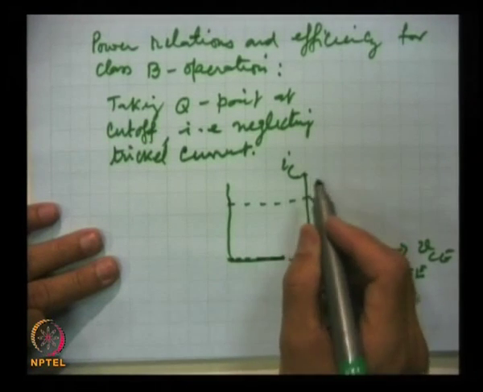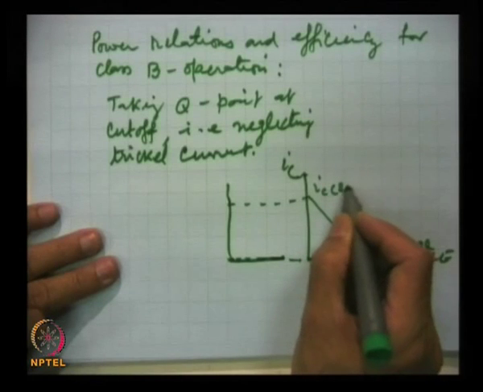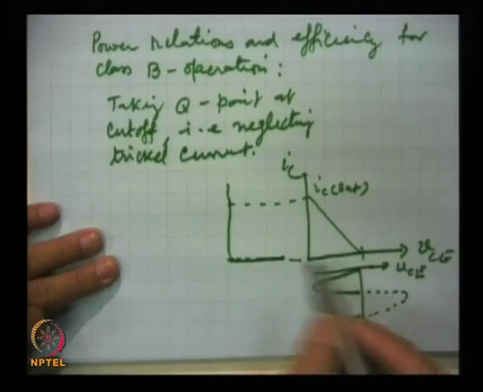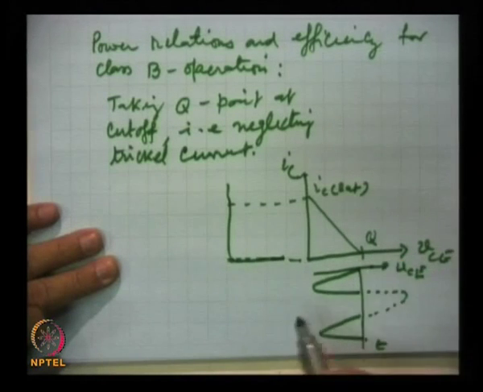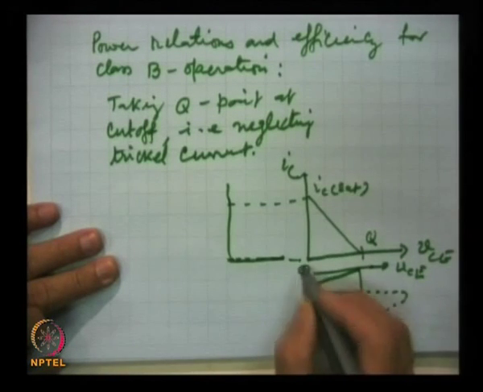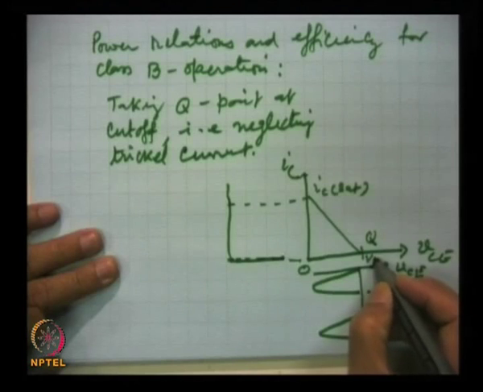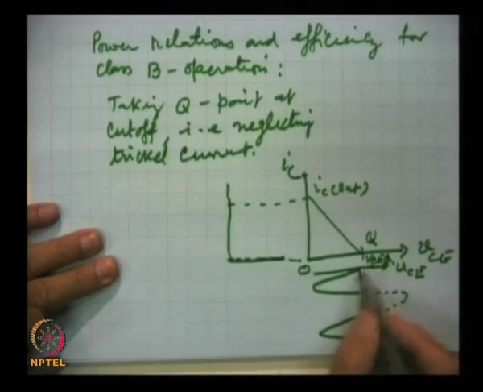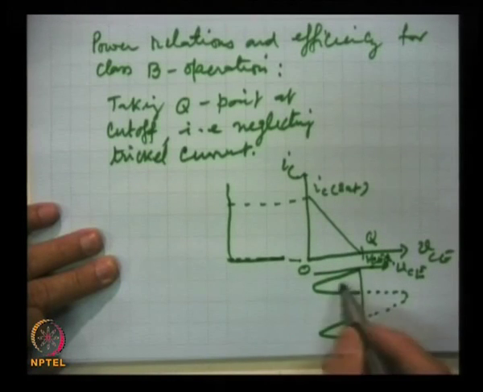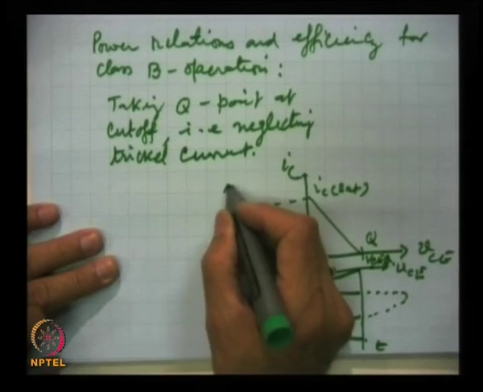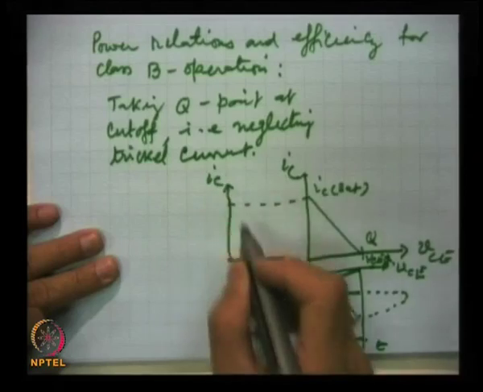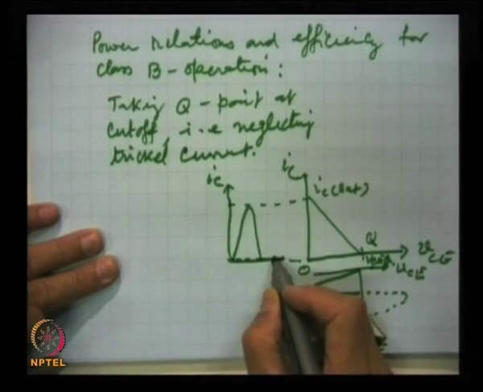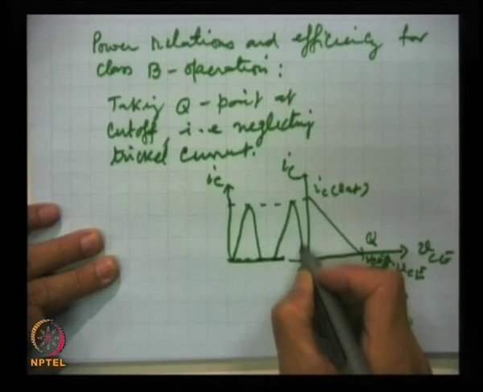This is IC set, this is the AC load line and this is the Q point, this is 0, this is VCEQ, and the current will flow only for these halves, like that.